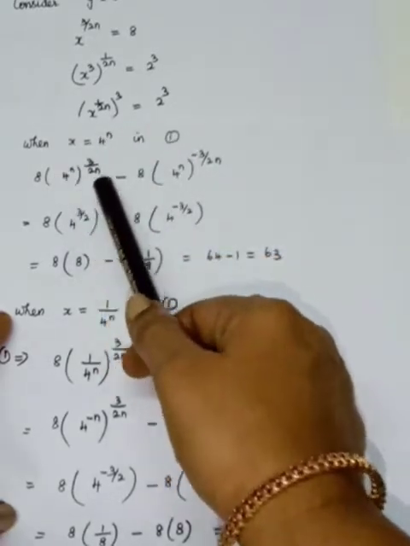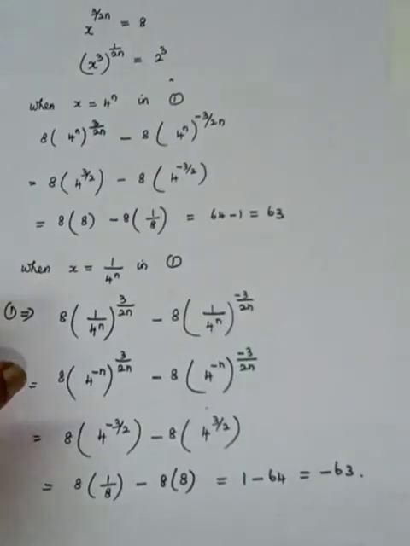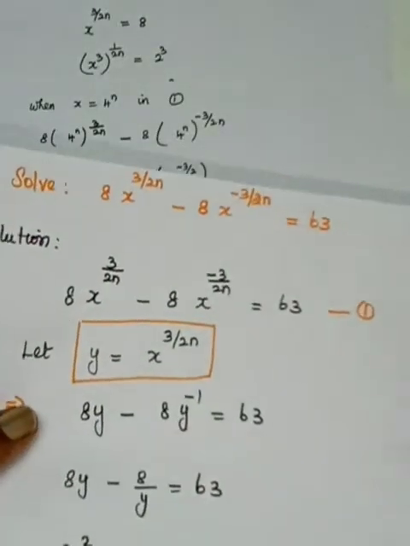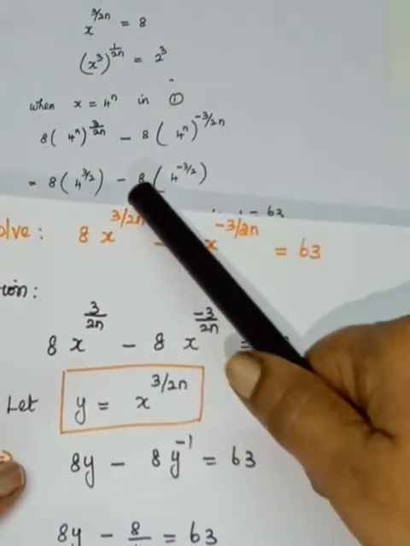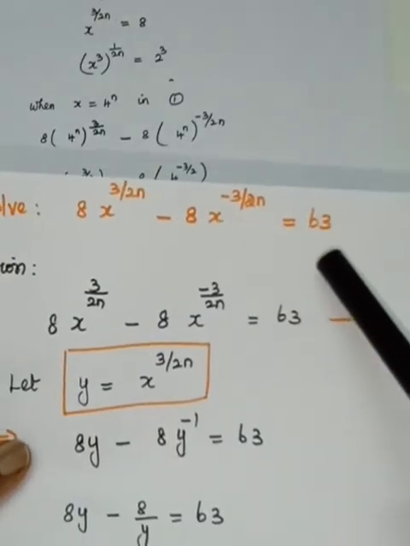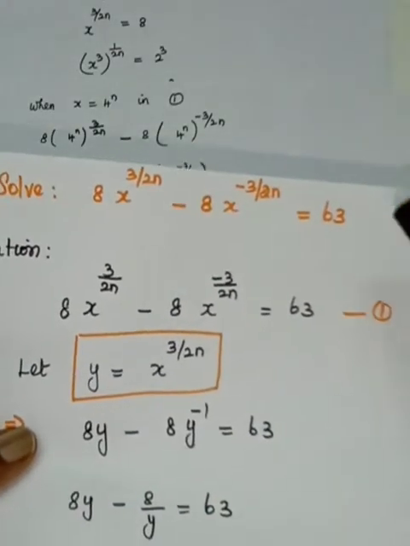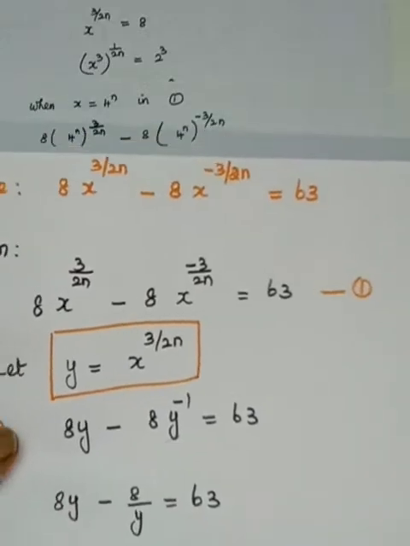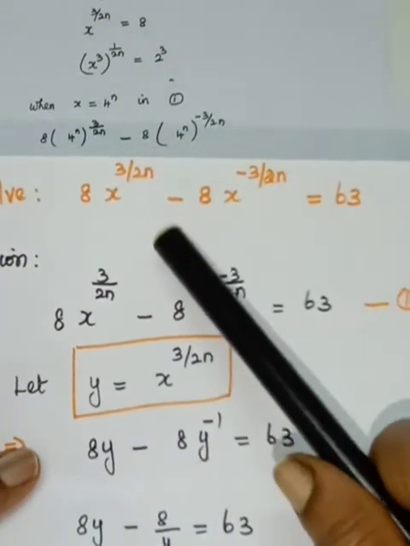I am going to substitute in the question. What is the question? Here you have 8x power 3 by 2n minus 8x power minus 3 by 2n is equal to 63. So if x equal to 4 power n is a solution, that solution has to satisfy this equation.